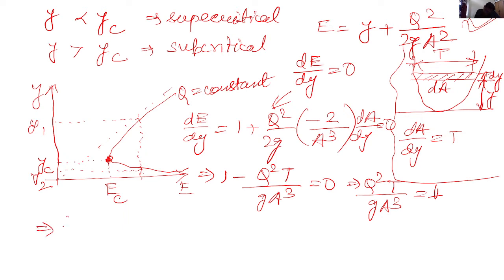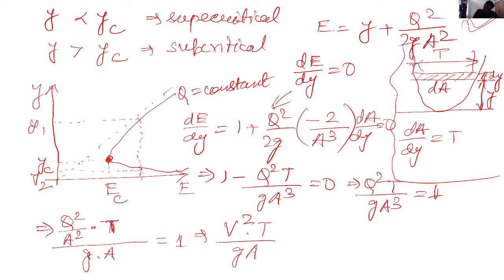This gives Q square by A square times T by g times A equal to 1. And Q by A is nothing but the flow velocity, V square T by gA equal to 1.